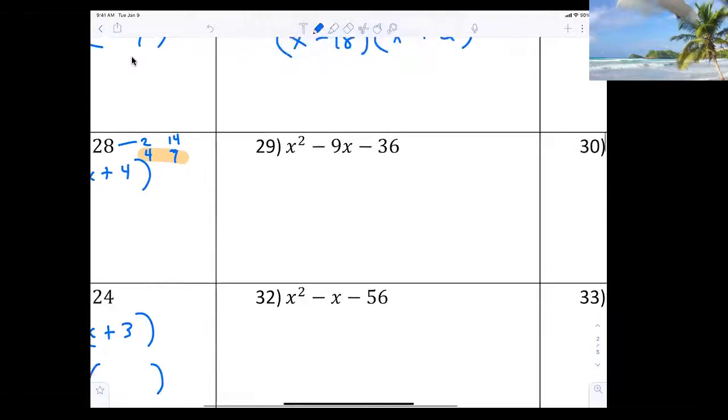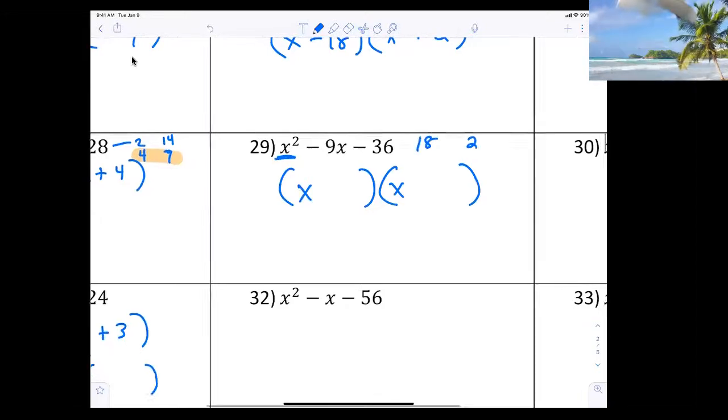29. Who's up over there? Trimble. How do I get x squared again? Right? Factors of 36. But that doesn't make 9, so try something else.